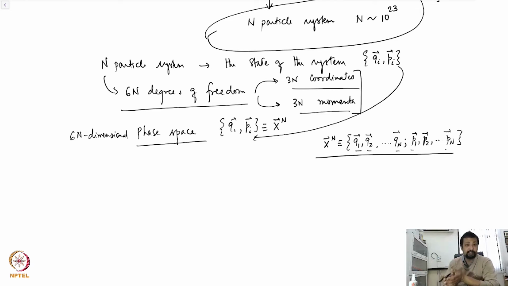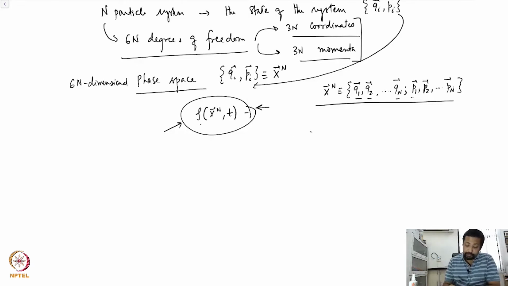And our task is to figure out how this probability density is going to evolve. So how is rho of x_N comma t going to evolve? What is the dynamical equation that governs the evolution of this probability density?